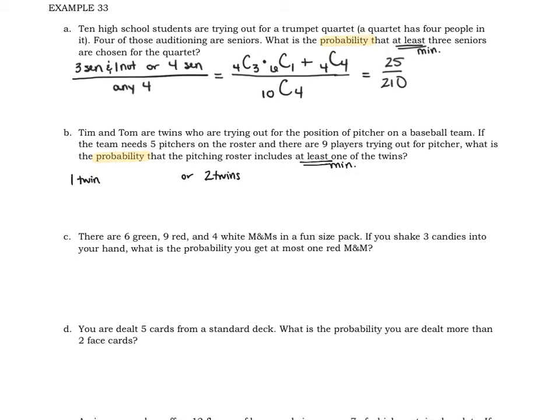We can't have more than 2 twins on the pitching roster because there's only 2 to begin with, but we do need 5 pitchers total on the roster. So if 1 twin makes it as a pitcher, that means that we need 4 players that are not twins. And if both of the twins make it, then we would need an additional 3 people that are not twins to be on the roster.